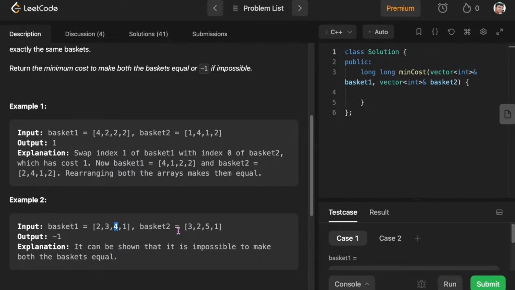So to keep the elements of both baskets the same, all elements should have even frequency. That is, if there is a 5, then there should be one more 5 here, or there should be four 5s in both basket1 and basket2 combined. So what I mean is every element which occurs in any of the baskets should have a combined frequency that is an even number, not an odd number, because we cannot distribute an odd number equally between two baskets.